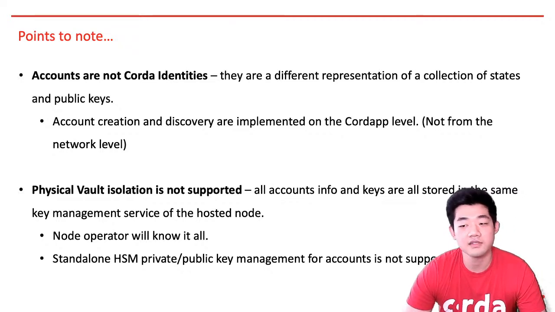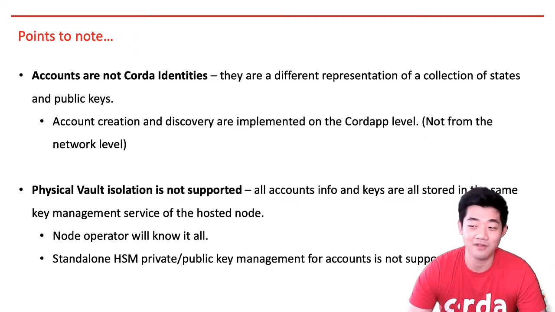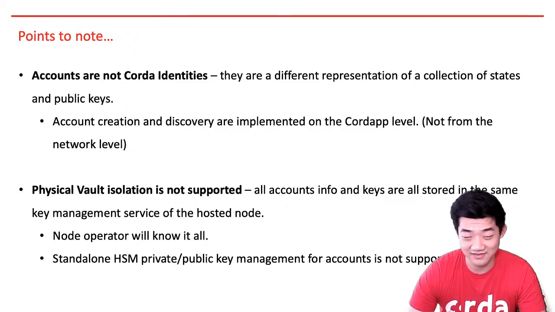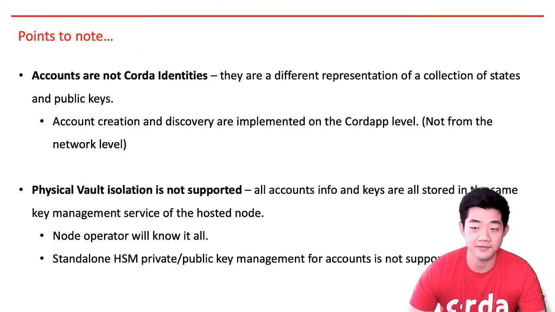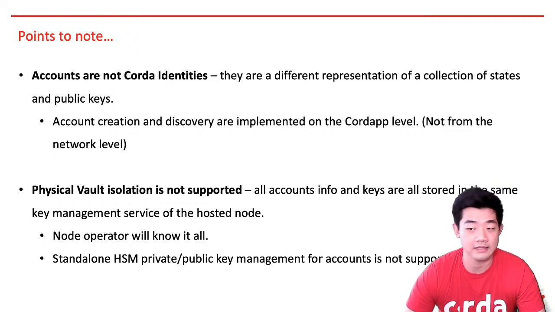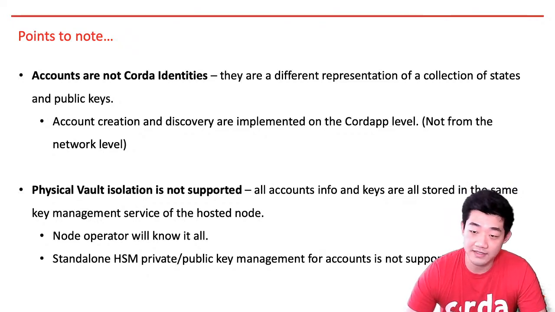However, I do want to point out some not so obvious things here. It's quite important. Some people may ignore it, but I want to make it clear that there are two things. The first one is accounts are not Corda identities. They are just a different representation of a collection of states and public keys.